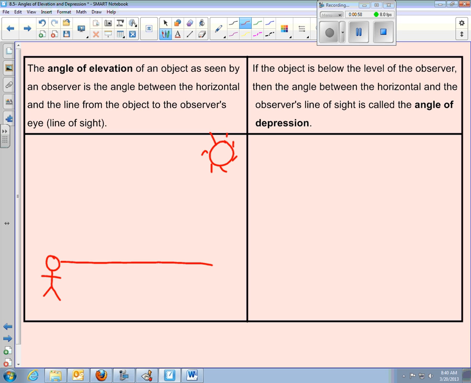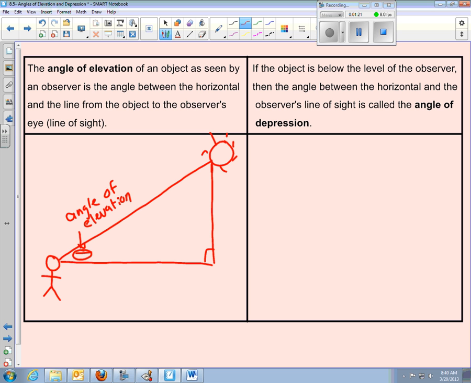Okay, your line of sight can also go up to that, and that's this angle of elevation that we represent with theta, which is that circle with the line through. So this is angle of elevation. And if we drop down our vertical line, we're going to make a right angle.